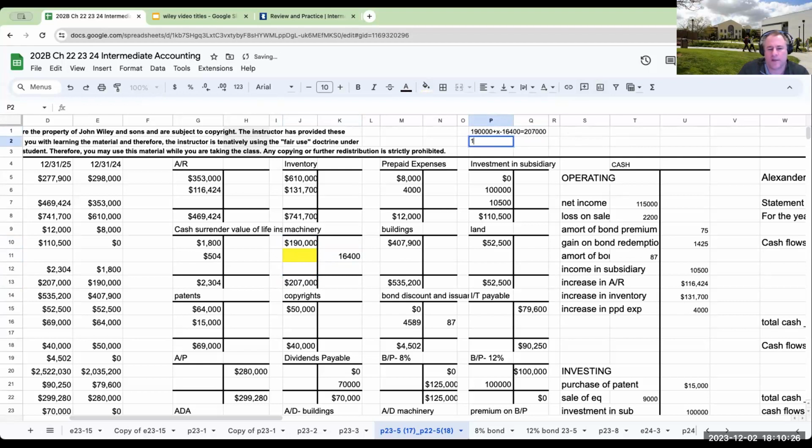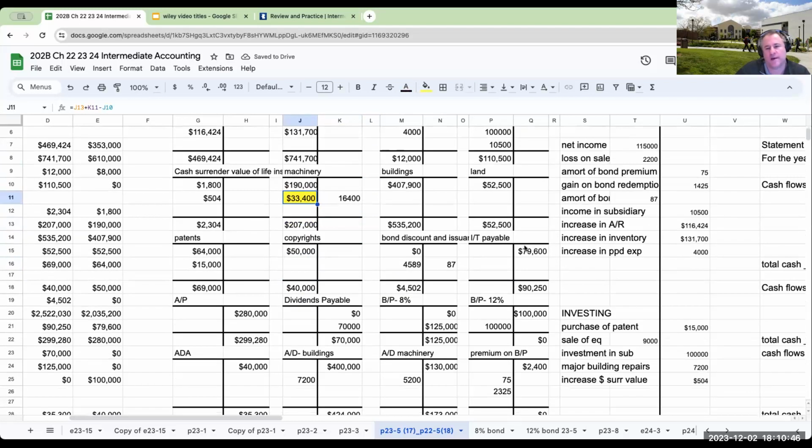Another way we can write this is 190,000 plus X equals 207 plus 16,400. So X is 207 plus 16,400 minus 190. This is going to be 33,400.